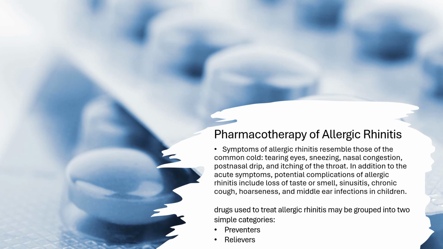However, the most common agents are pollens from weeds, grasses, and trees, mold spores, dust mites, certain foods, and animal dander. Chemical fumes, tobacco smoke, or air pollutants such as ozone are non-allergenic factors that may worsen the symptoms. In addition, there is a strong genetic predisposition to allergic rhinitis.